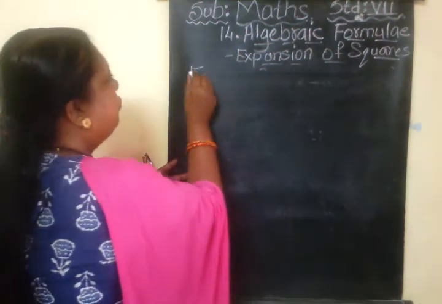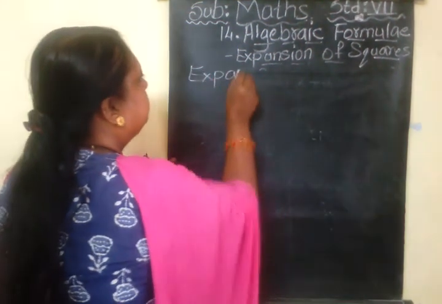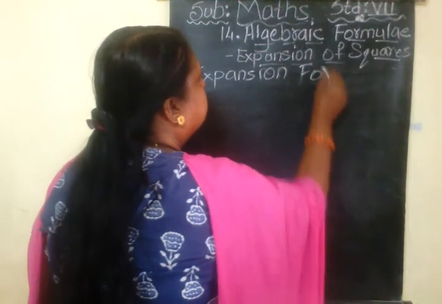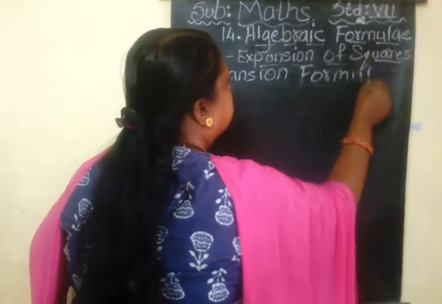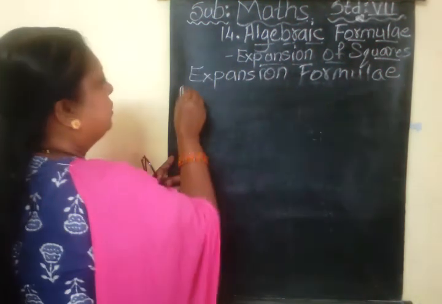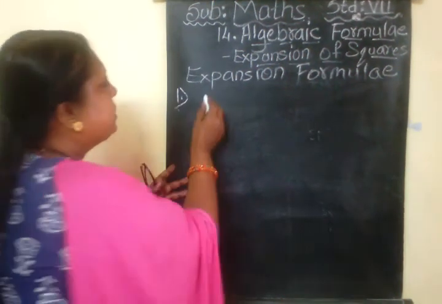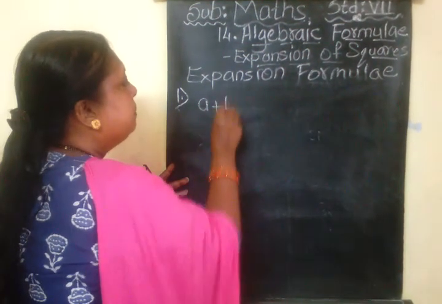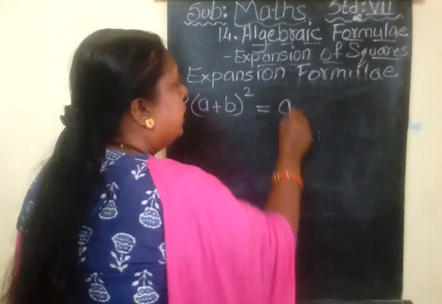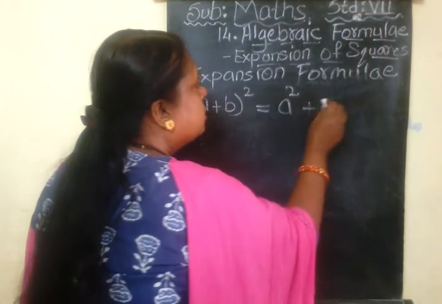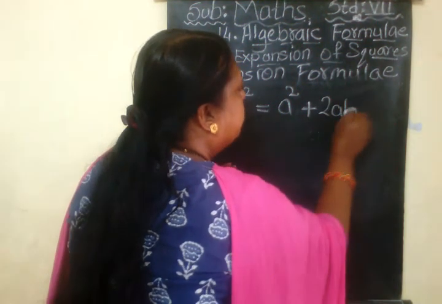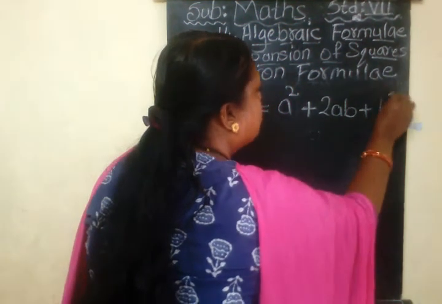Expansion formulas. The first expansion formula that we have studied is a plus b the whole square is equal to a square plus twice ab plus b square.